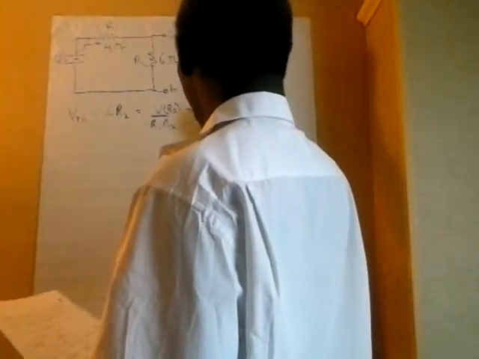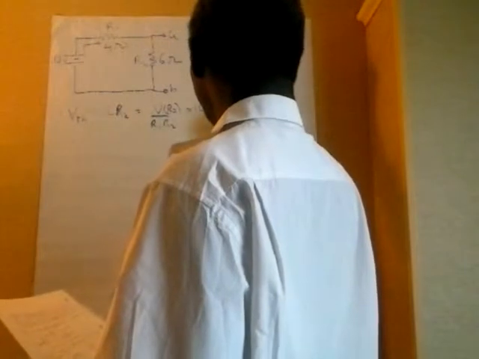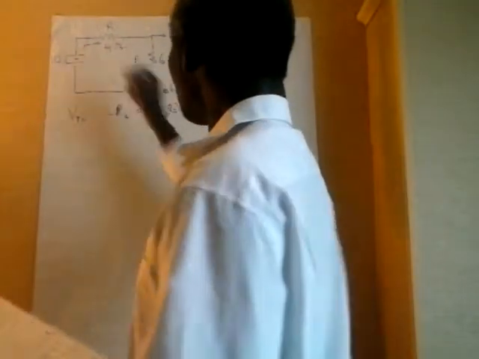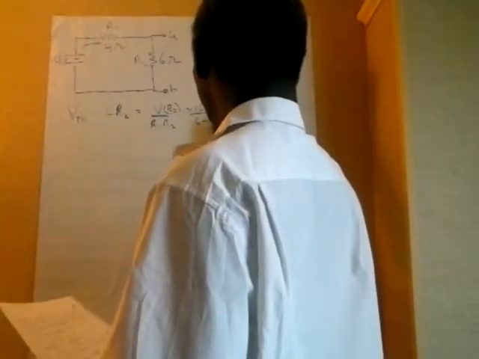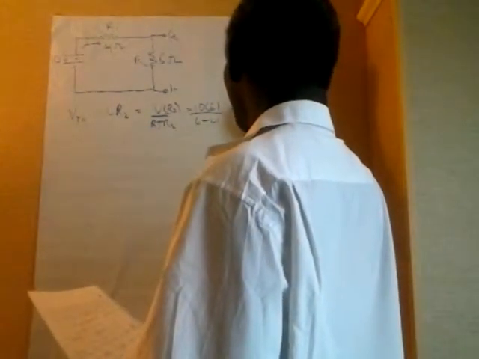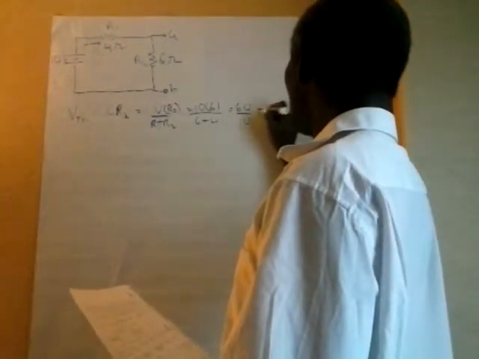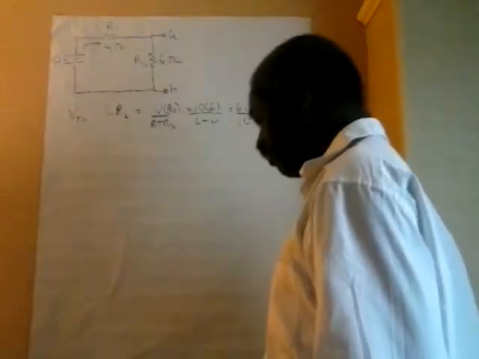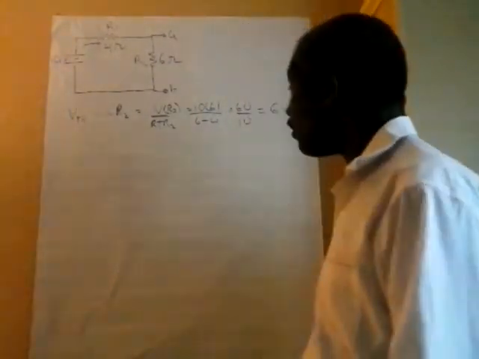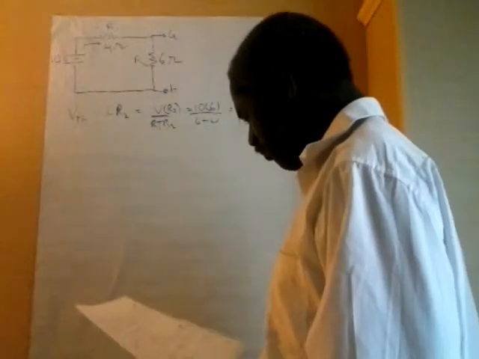So this would be equal to 10 times 6 over 6 plus 4, which is equal to 60 over 10, equals 6 volts. So there we have the Thevenin voltage, 6 volts.